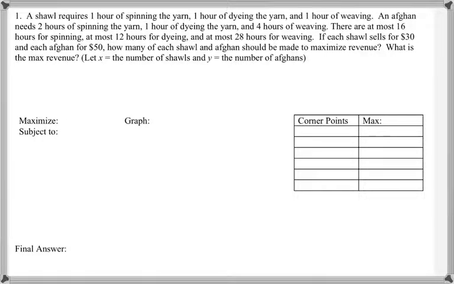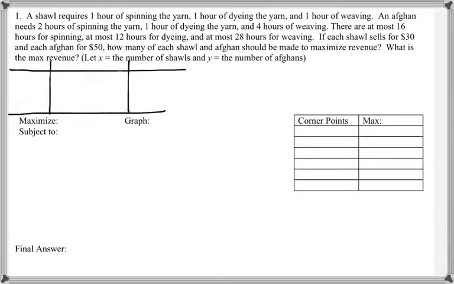So on application questions, I think it helps to organize the information into a table. So x is the number of shawls and y is the number of Afghans. And then I'm going to have a totals column. Okay, so what types of information are they giving us?